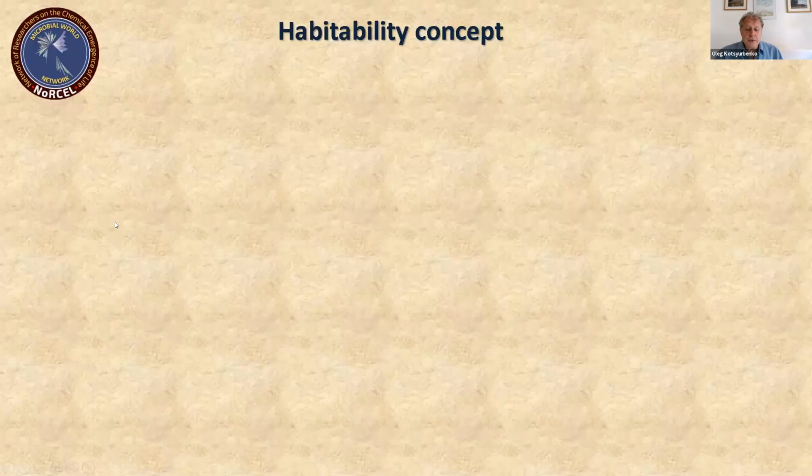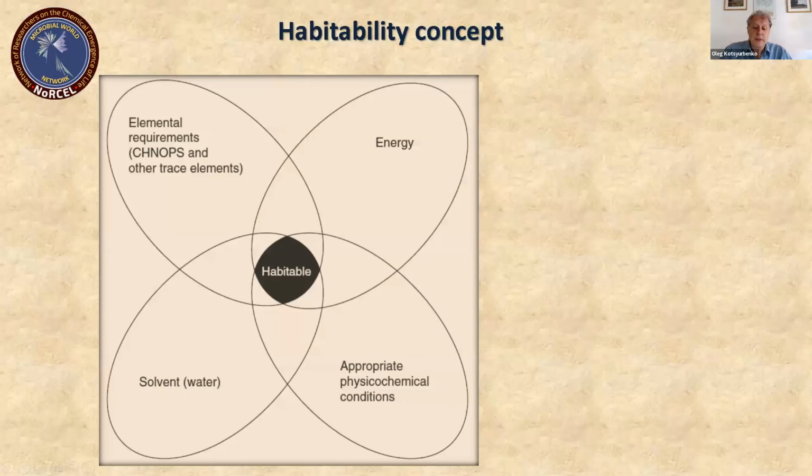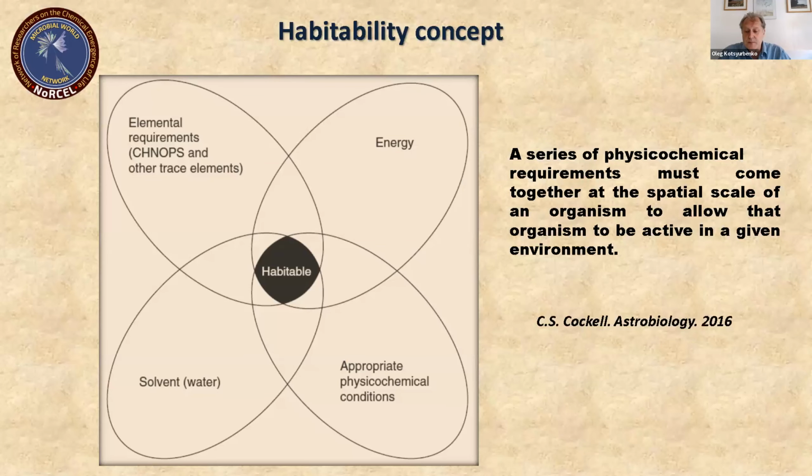So in order to discuss life in the Venusian clouds in more detail, we use Charles Cockell's concept of habitability: a series of physico-chemical requirements must come together at the spatial scale of an organism to allow that organism to be active in a given environment.